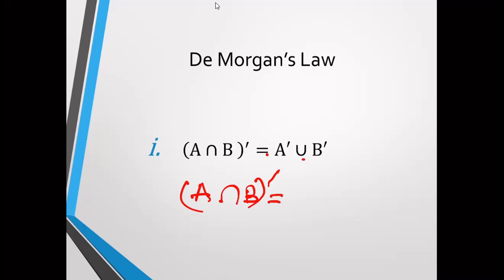When we remove this bracket, it becomes A dash, B dash, but the intersection becomes union. Now we are taking this complement into the bracket. Therefore, it becomes A dash union B dash. Clear? That is the first De Morgan's law.